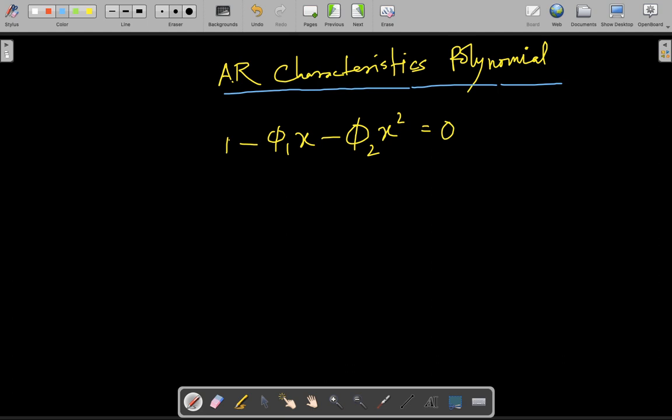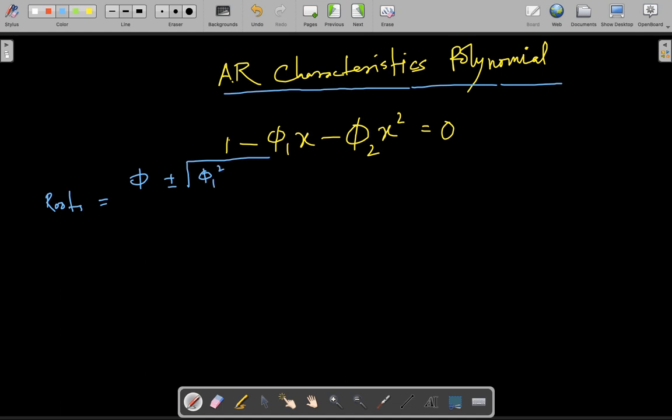So to obtain the roots of this AR characteristics polynomial, we'll simply use the quadratic equation form, where I will have the roots equal to, let me write down, minus b, which is theta 1, plus minus square root of b square, which is theta 1 square, my b square minus 4ac.